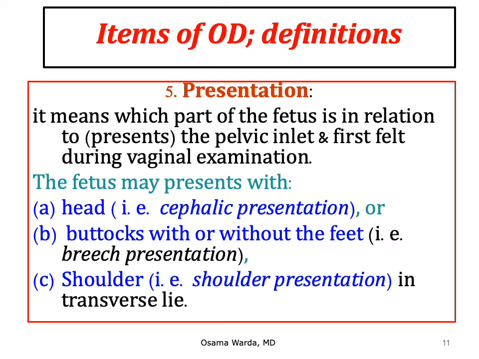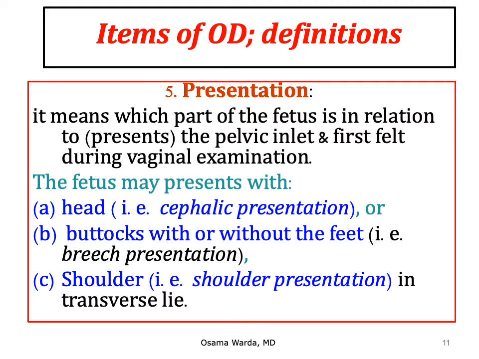Okay? These three movements of flexion and extension occur on the vertical axis of the fetal head. However, the atlanto-occipital joint can also act on the transverse axis.